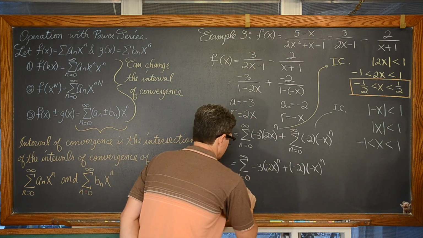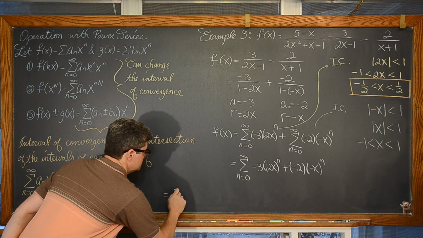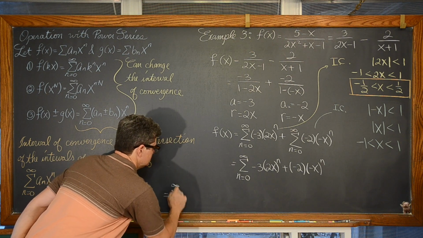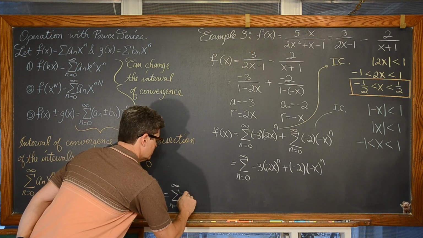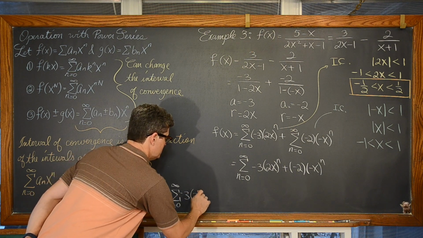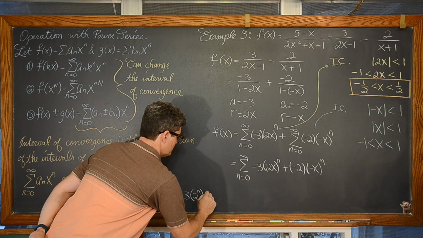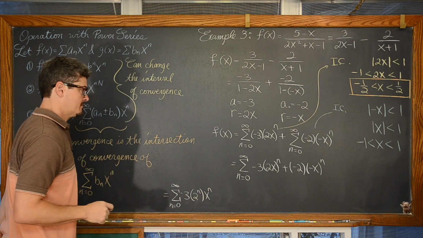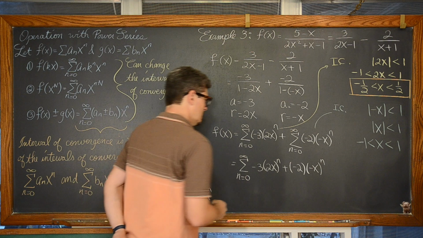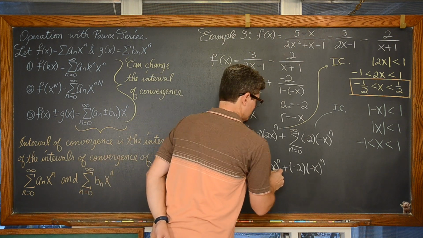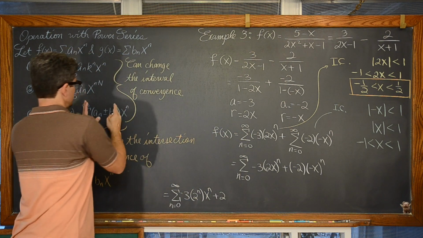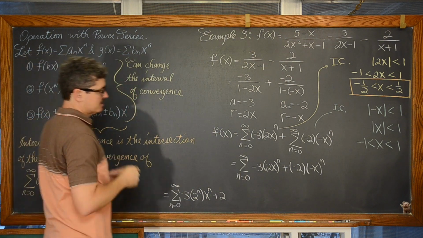we can write this as the sum, n going from 0 to infinity, of -3 times 2 to the n times x to the n. We have a plus 2. I want to be able to rewrite this so we have a bunch of stuff, a factor, in front of x to the n.